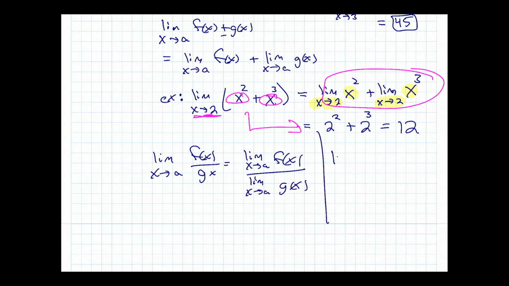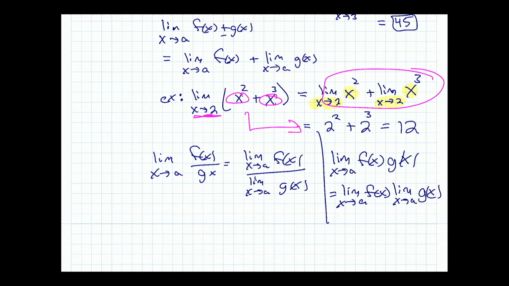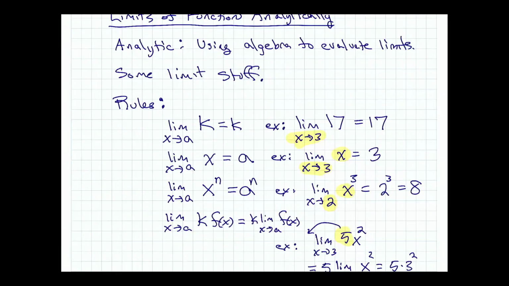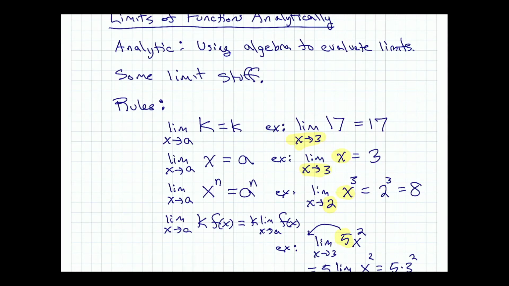And the last one, the limit as x goes to a of f times g is again the limit as x goes to a of f times the limit as x goes to a of g. Right? And I'm not going to write out examples of those. We're just going to see them anyway as we go. And so you're supposed to already know these rules.